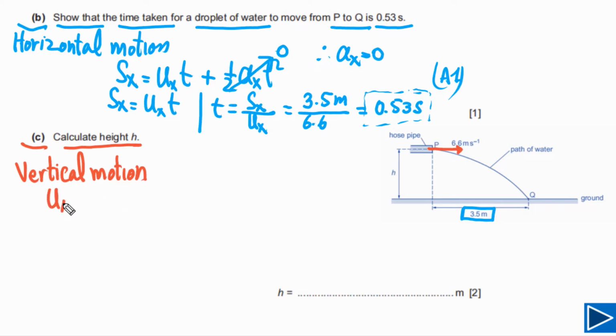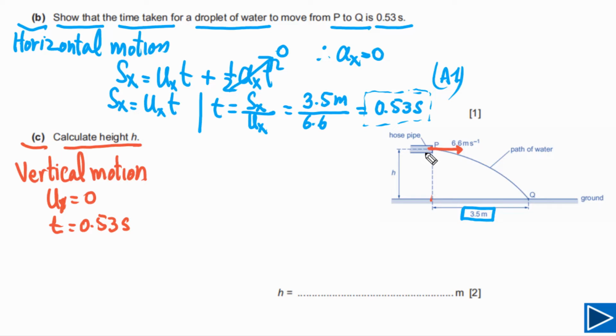So we will say initial vertical velocity, uy, is equal to 0. The time taken from P to the ground, or time taken from P to Q, is the same. So we can say time taken is 0.53 seconds. You also need to understand that time taken depends on height.